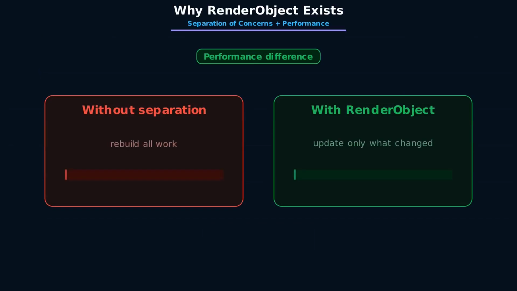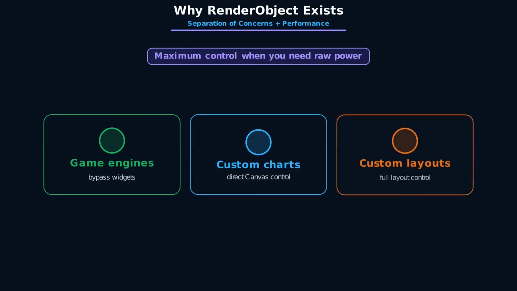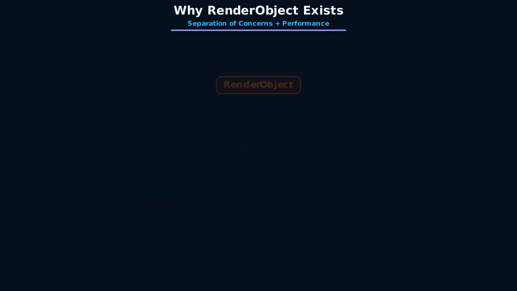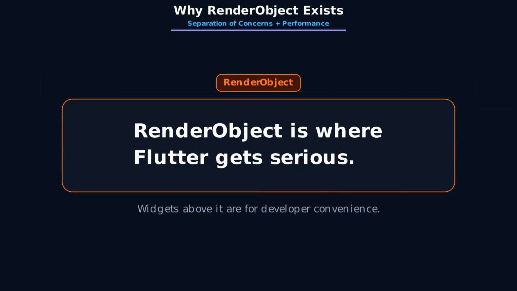RenderObject also gives you maximum control. If you're building a game engine, a custom layout, or a highly optimized chart, you can bypass the widget layer entirely and work directly with render objects for maximum performance. RenderObject is Flutter's rendering bedrock. Everything above it is built for developer convenience. But when you need raw power, RenderObject is where you go.